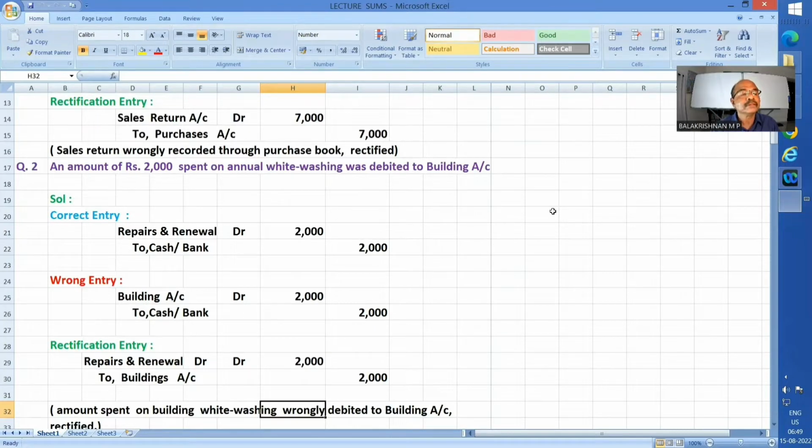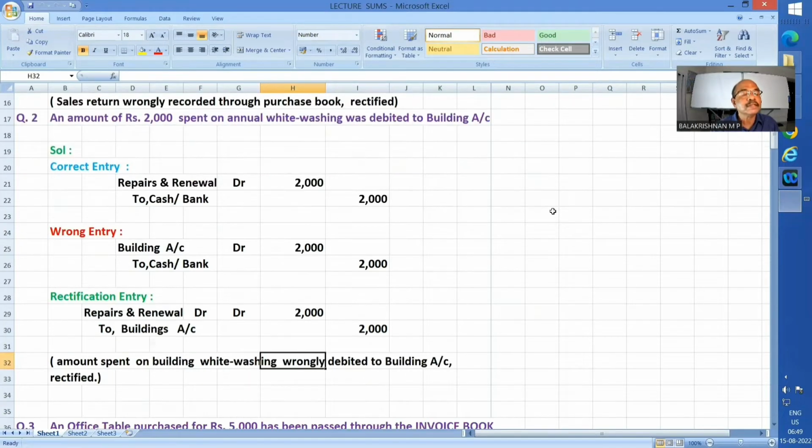Now question number 2. An amount of ₹2,000 spent on annual whitewashing was debited to buildings account. Well, students, any repairs or whitewashing expenses are essentially revenue expenses. When you have spent money on revenue account, you have no business whatsoever to debit the concerned asset account.